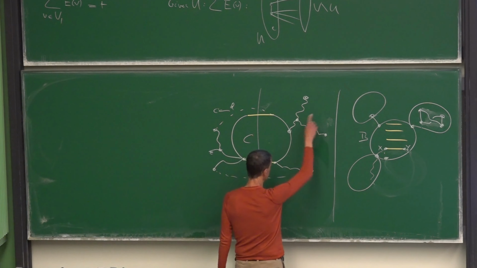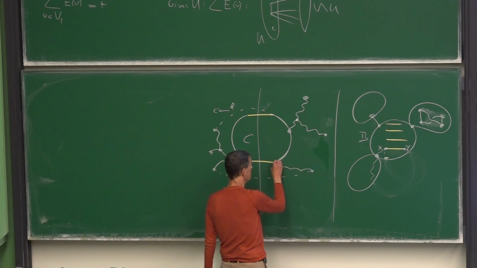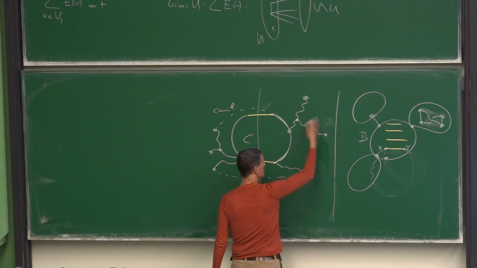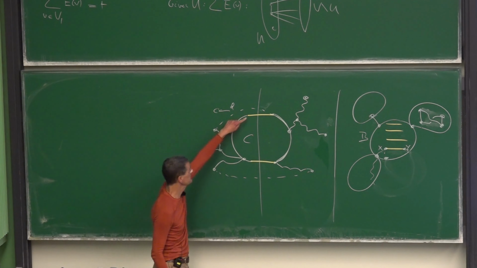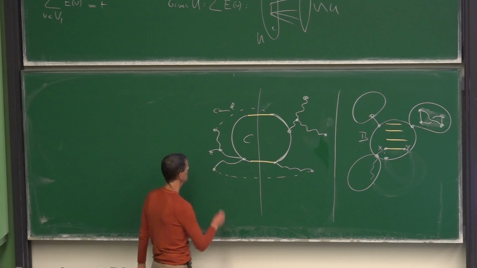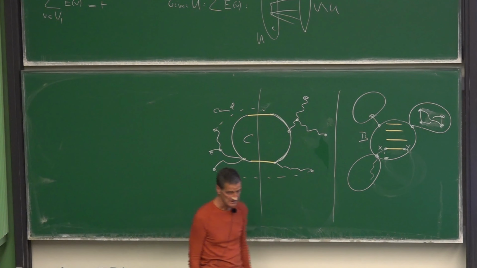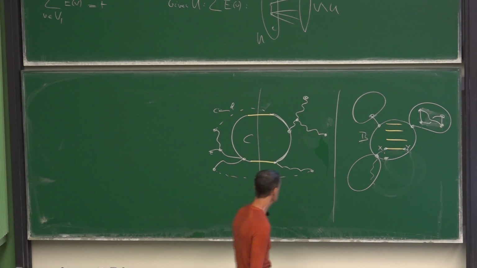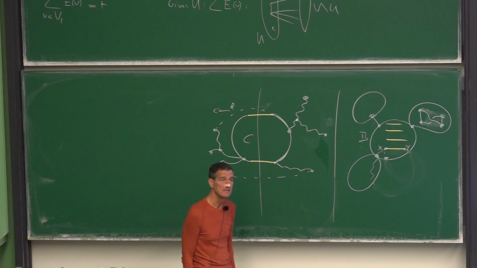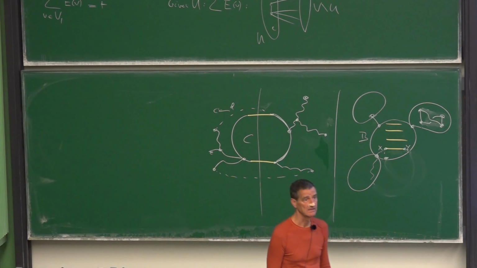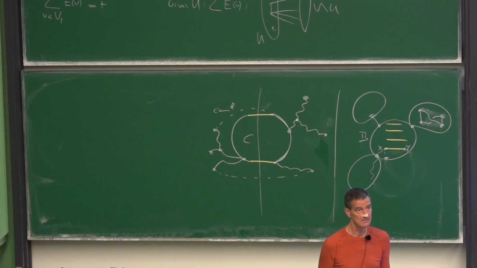And this is going to be connected because that bit of the cycle is connected, and what hangs on it is connected to it. And similarly here, this is connected, and what hangs off it is connected to it. So we have a vertex partition into two connected sides, and that is a cut, which is also a bond.